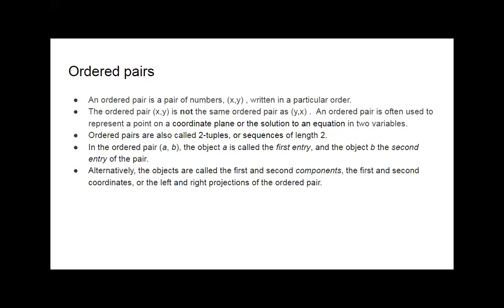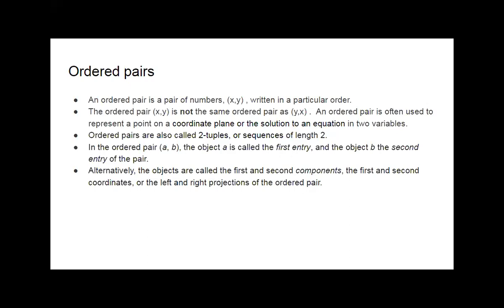But if the values of x and y are the same, that is, x is equal to y, then (x, y) is equal to (y, x). Otherwise, (x, y) is not the same ordered pair as (y, x).